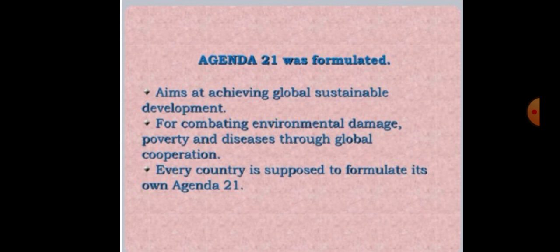The environmental damage caused by excessive use of chemicals and other toxic elements needs to be checked.